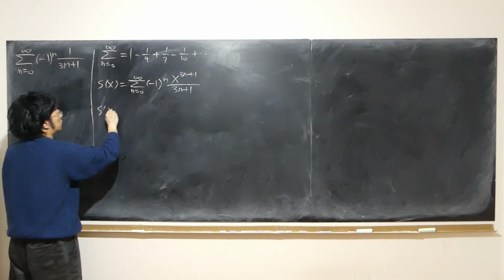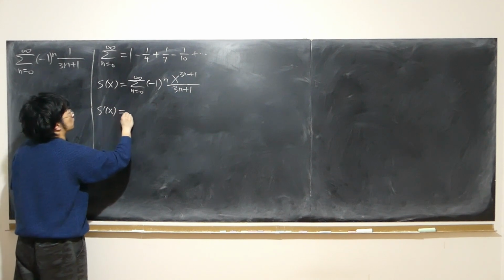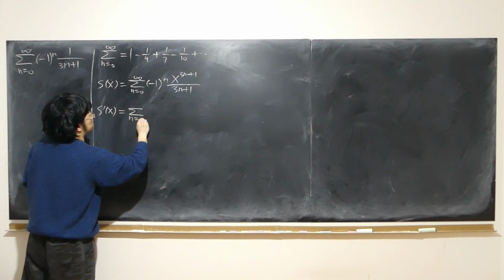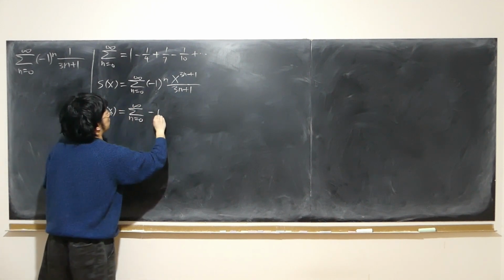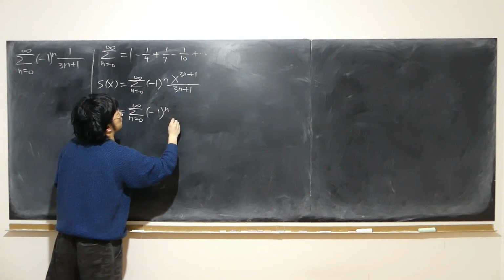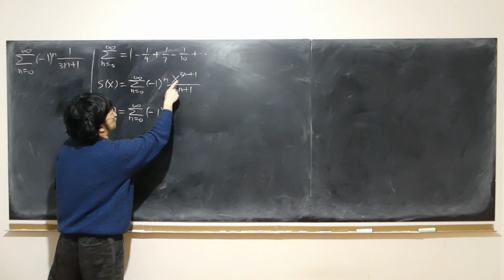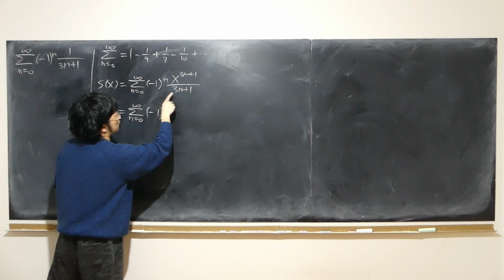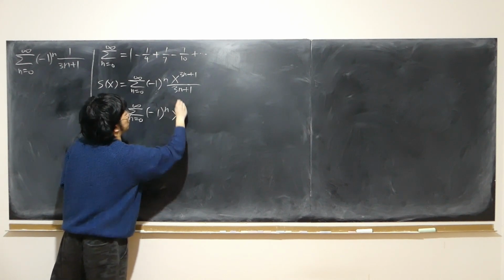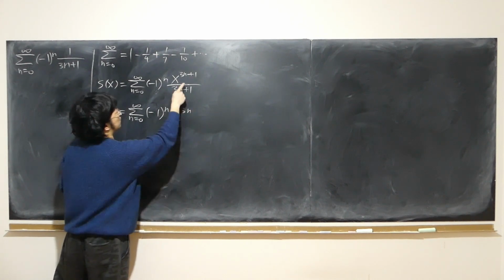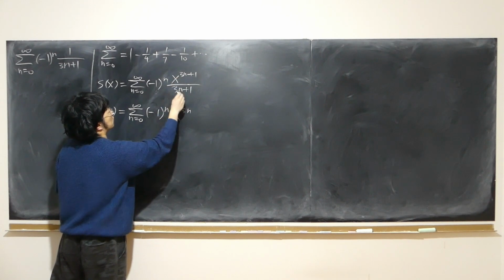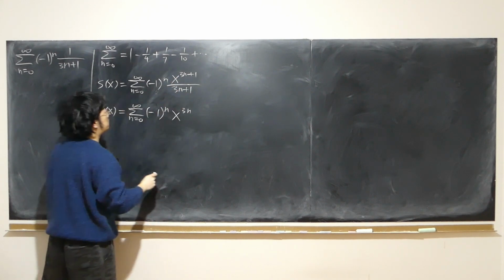So the derivative of S of x is equal to infinite sum from 0 to infinity of minus 1 to the power of n times 3n plus 1 times 1 over 3n plus 1 times x to the power of 3n. That's the reason we need the power of 3n plus 1, just to cancel out with the denominator.